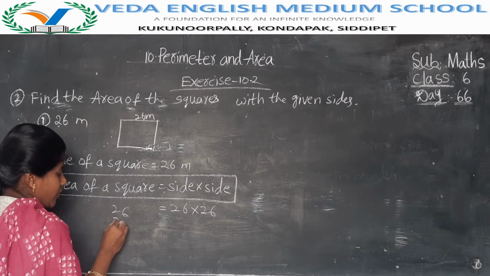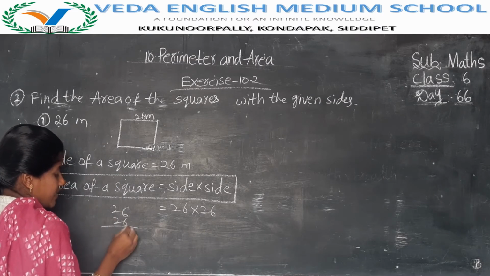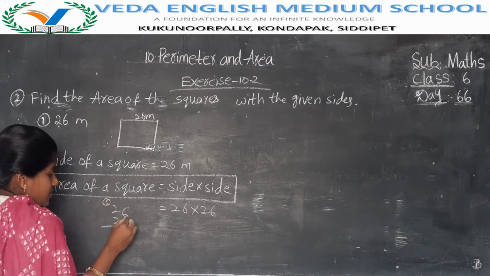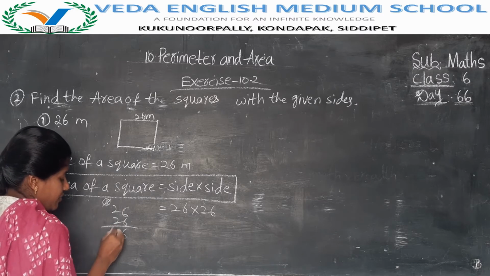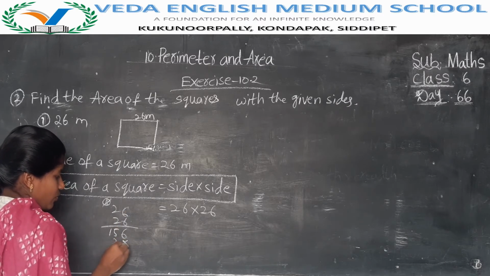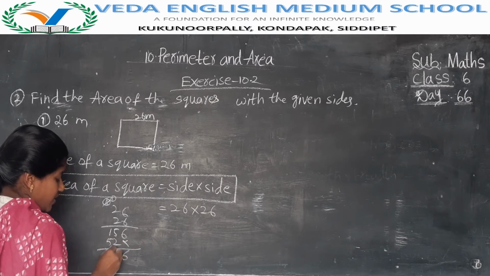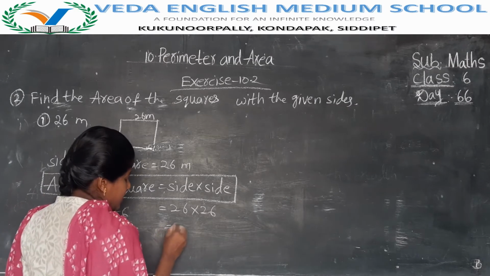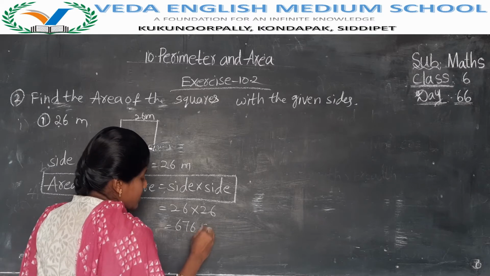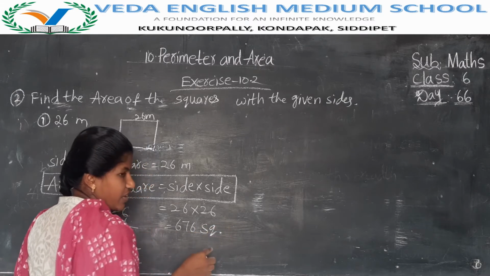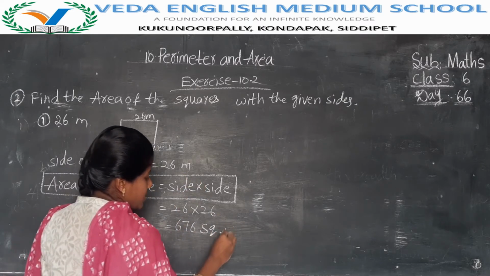Multiply 26 into 26, how much will we get? 6 6s are 36. 6 2s are 12, 12 plus 3 is 15. 2 6s are 12, 2 2s are 4, 4 plus 1 is 5. 676. We got 676 square, in short form we can write square meters.